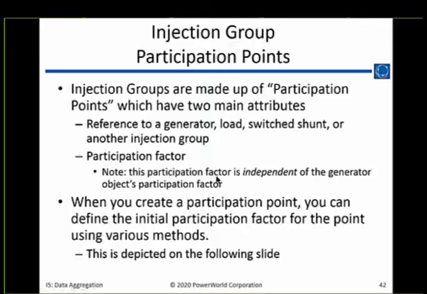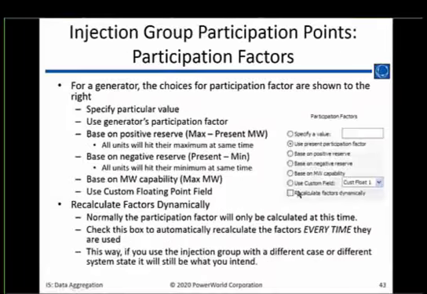One of the options for generators was to make it be based on the generator object's participation factor, but then it becomes its own field once it's added to the injection group. Although for some of them, if you use the dynamic factors, it'll go back and look at what's in there. So this just explains what that option is.